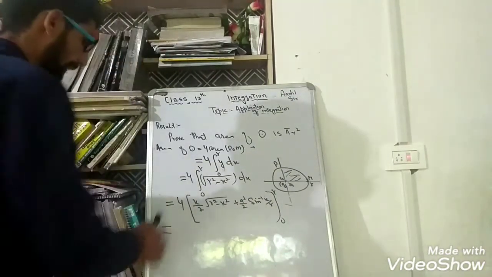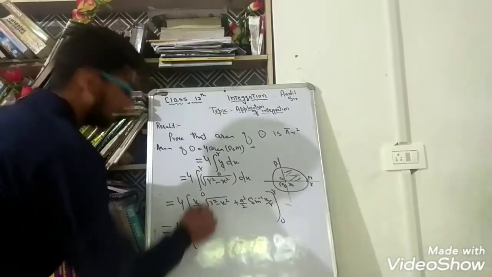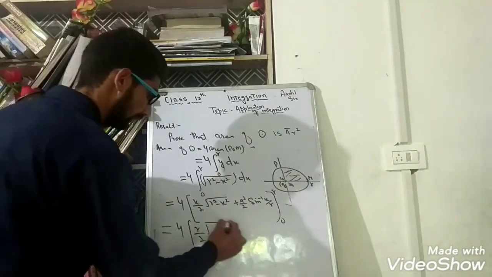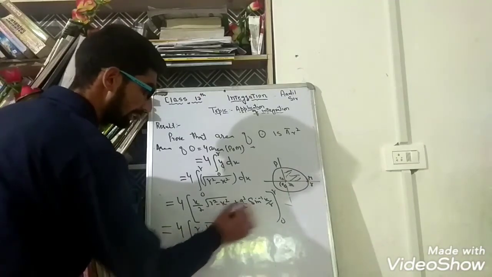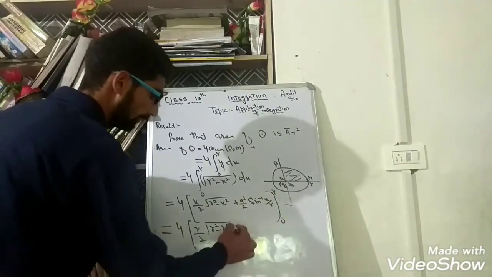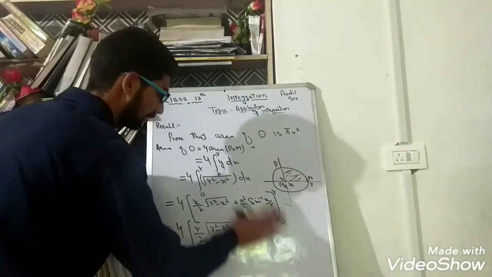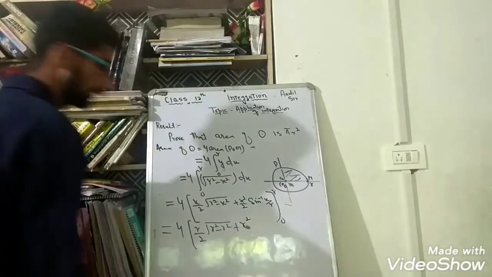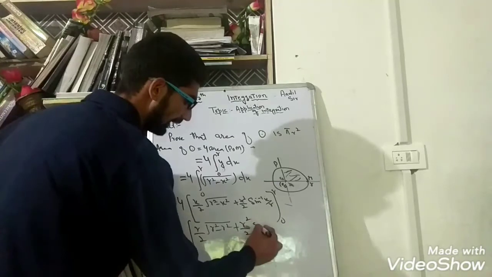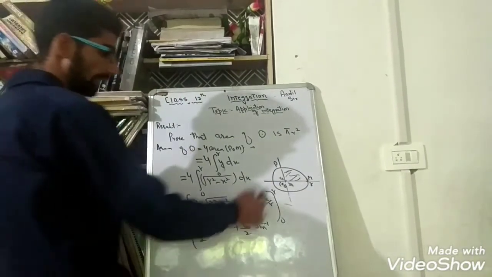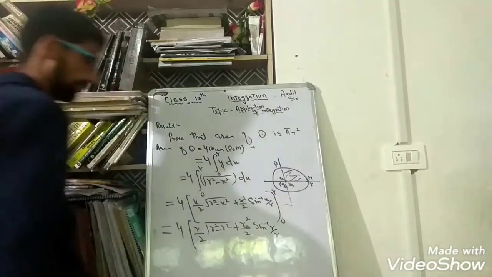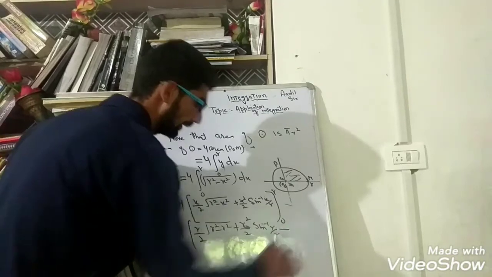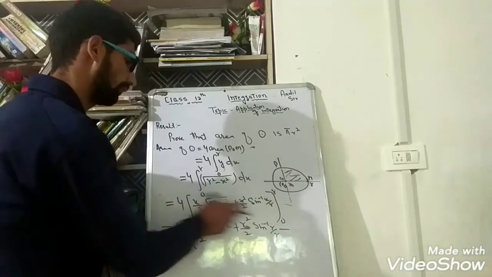So by the fundamental theorem, you can write here 4 times, x is r, so r divided by 2, under root of r square minus r square, plus r square divided by 2 sine inverse of r divided by r, and we have to subtract the value of this when x is equal to 0.